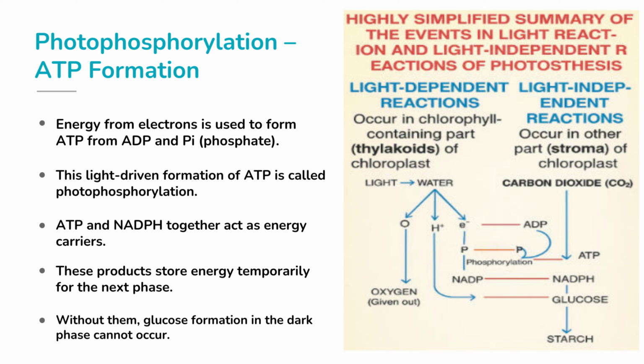So remember, the light phase doesn't directly make food. Instead, it manufactures the energy currency, ATP and NADPH, which power the dark phase to actually build food. Isn't it fascinating how nature organizes this teamwork between the two phases to sustain life on Earth?